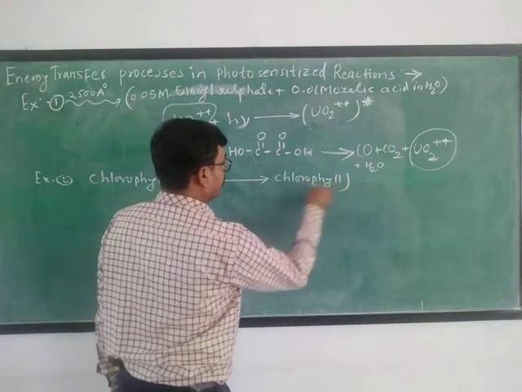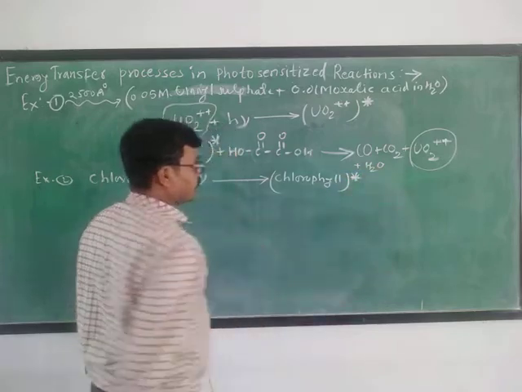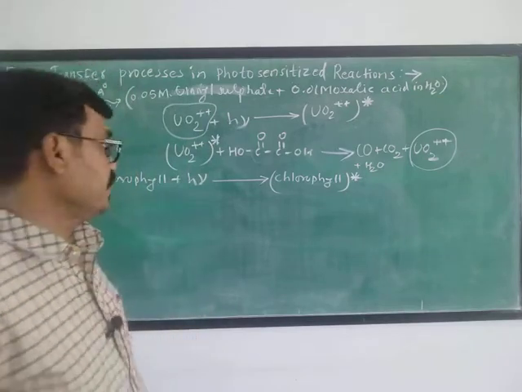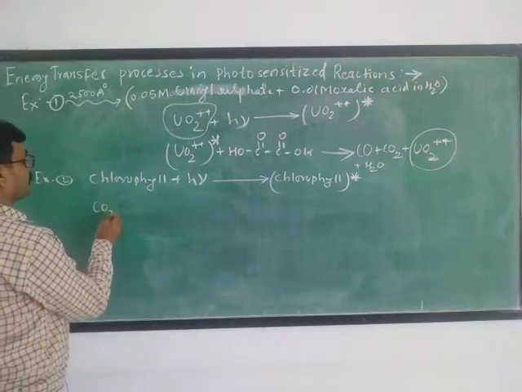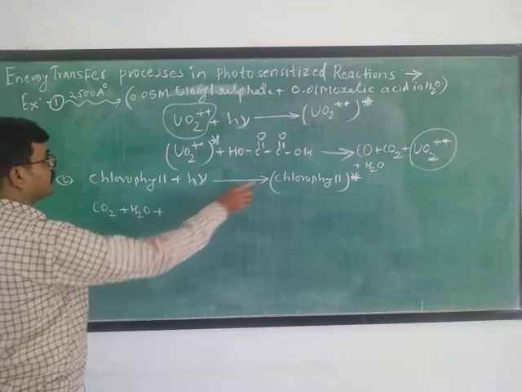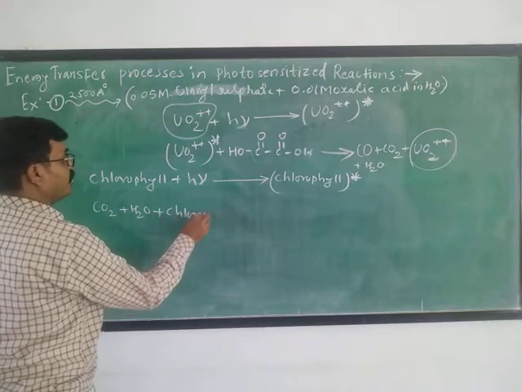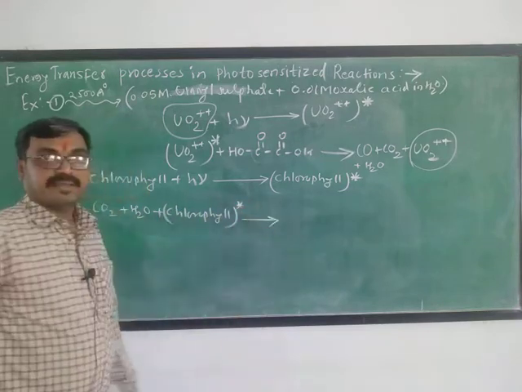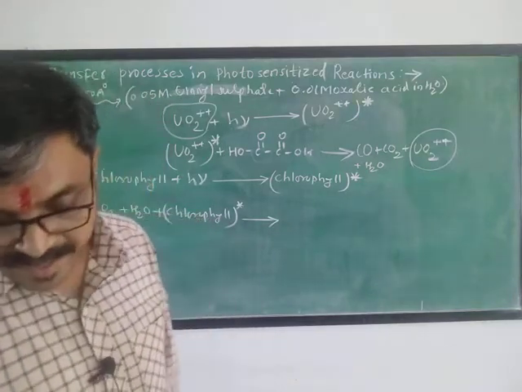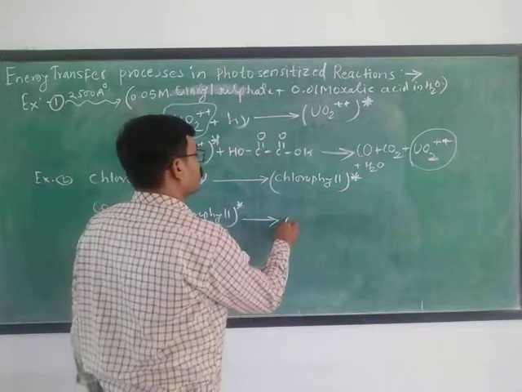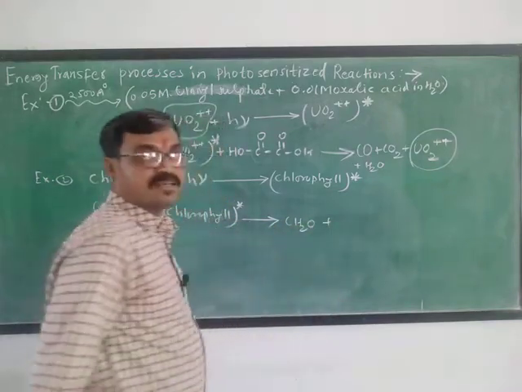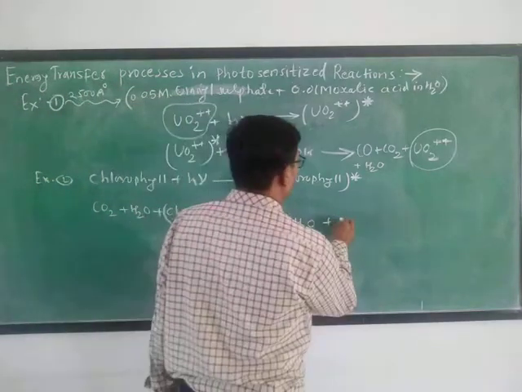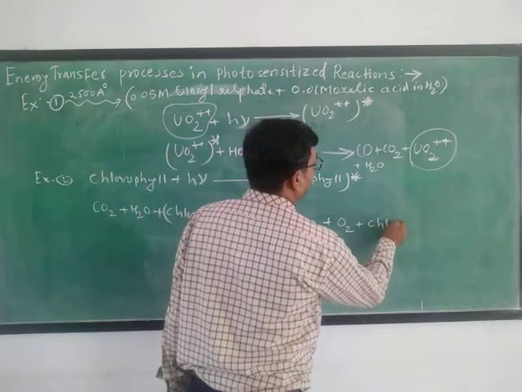This chlorophyll in the excited state, again shown by an asterisk, reacts with carbon dioxide and water, CO2 plus H2O, and this photosensitizer chlorophyll in the excited state then gives the food, that is the final product CH2O, plus O2 plus chlorophyll, oxygen plus chlorophyll.